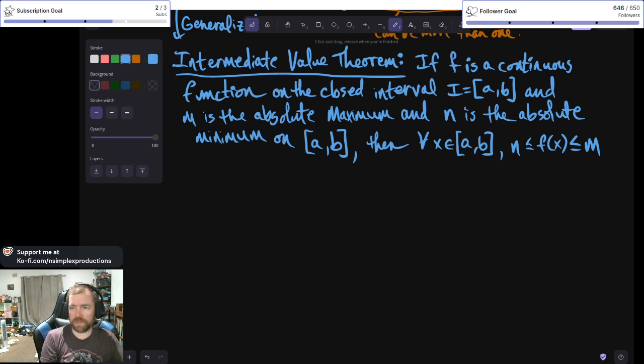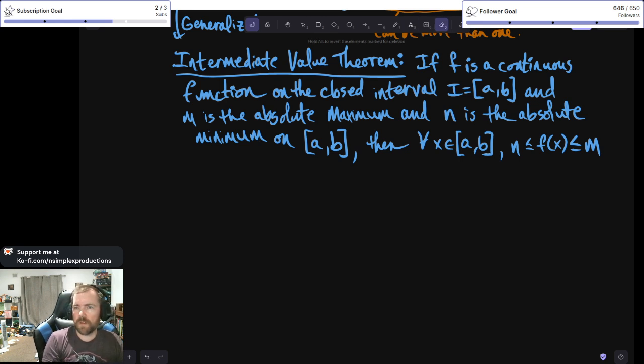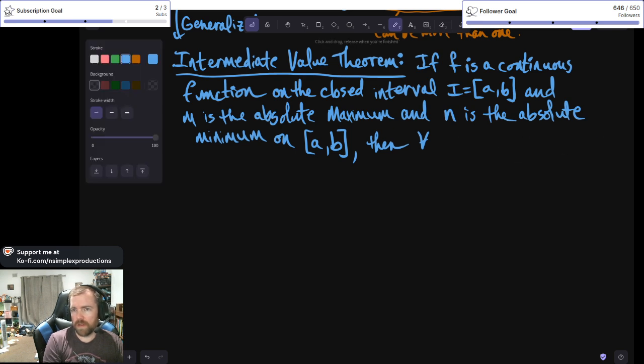Okay, so we were setting this up. Then for all x in a to b, that is not where we wanted to go. For all y such that n is less than or equal to y is less than or equal to m.